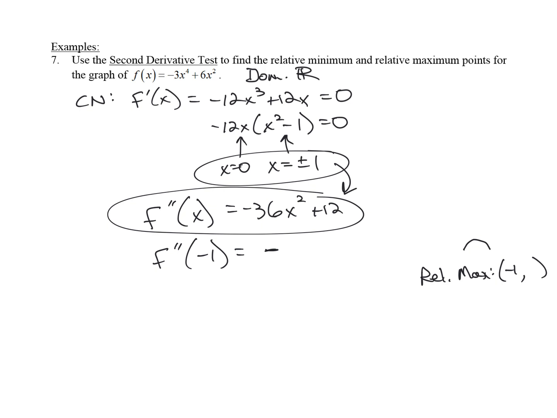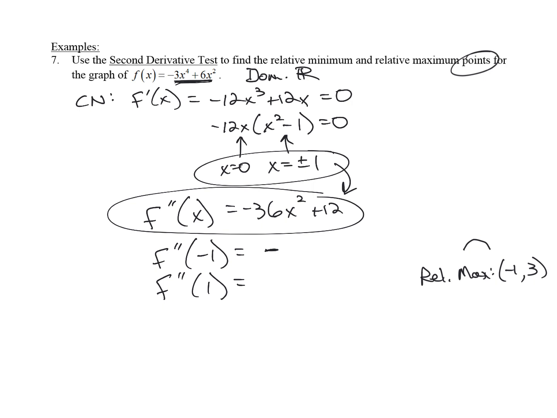Does it say the whole point? Yeah, they want the whole point, so we're going to have to find that. Actually, you could just do it now. Just plug negative 1 back into f of x. What do you get? You get 3.